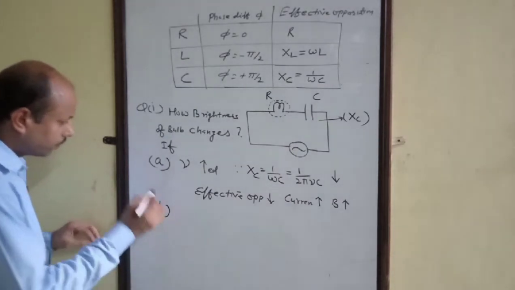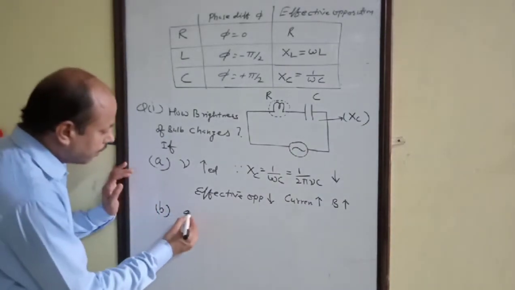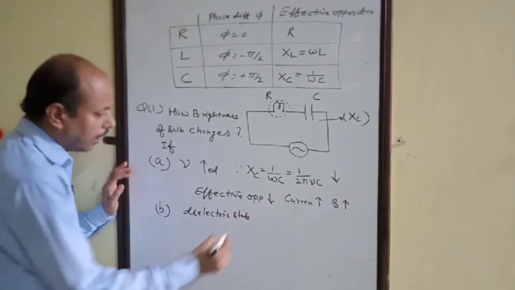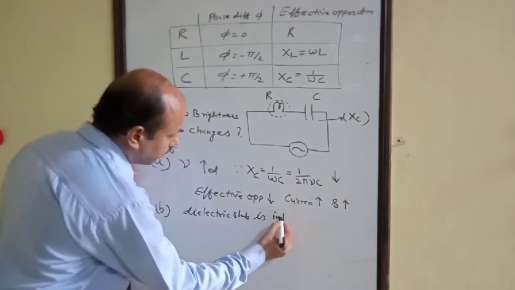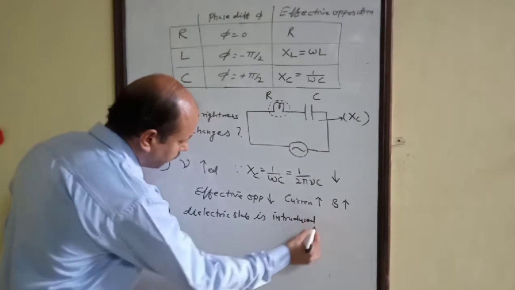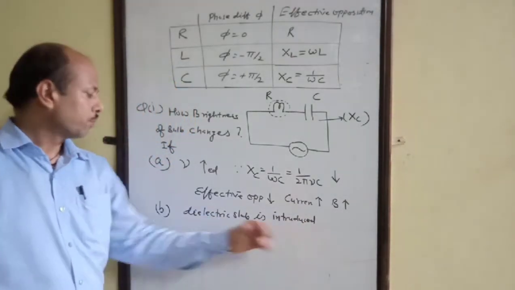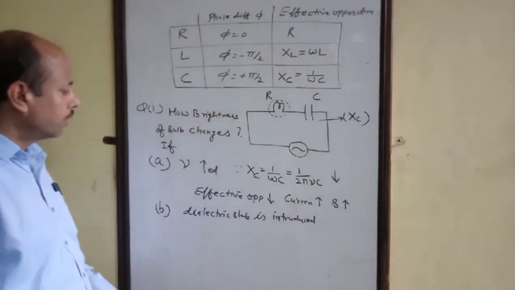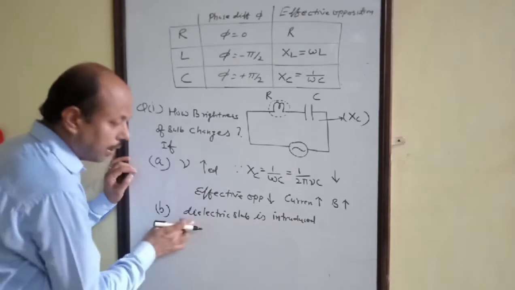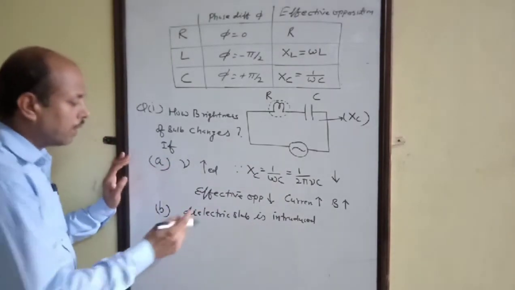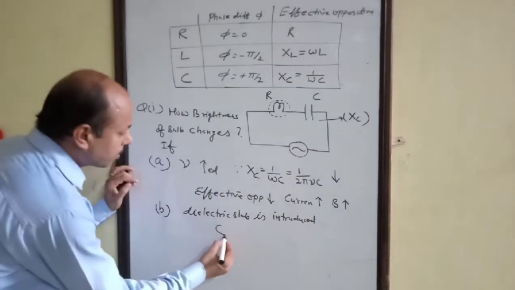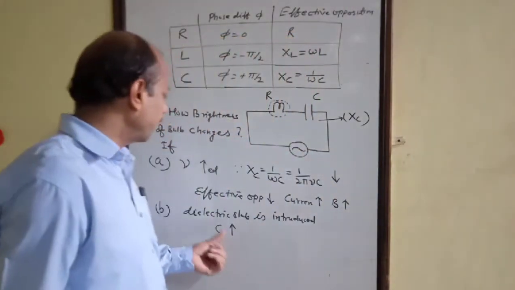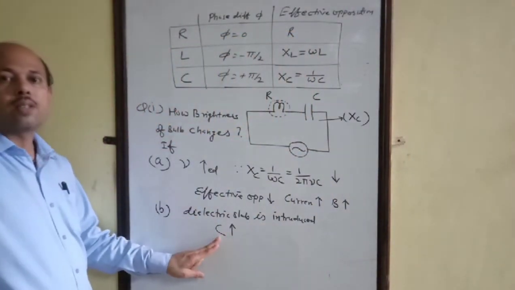Second part, a dielectric slab is introduced between the plates of the capacitor. We know that whenever a dielectric slab is introduced, the capacitance will increase. The amount of increase will depend upon the dielectric constant, but definitely the capacitance will increase.